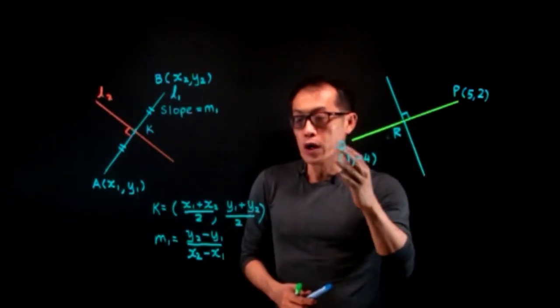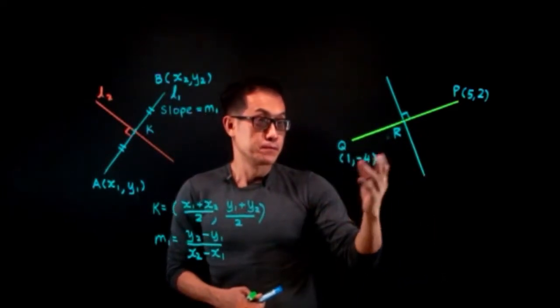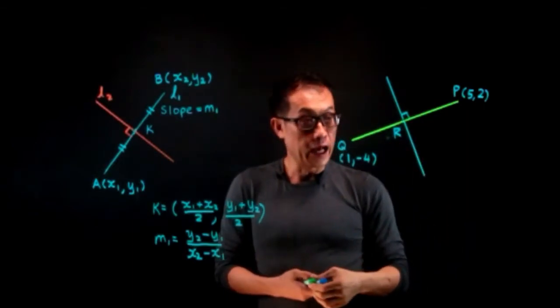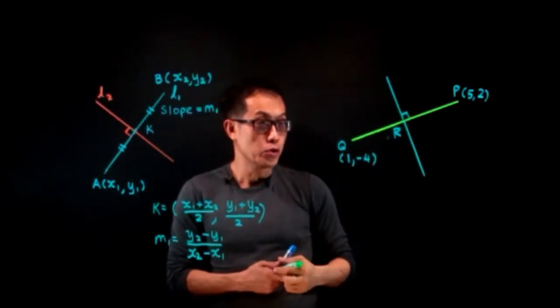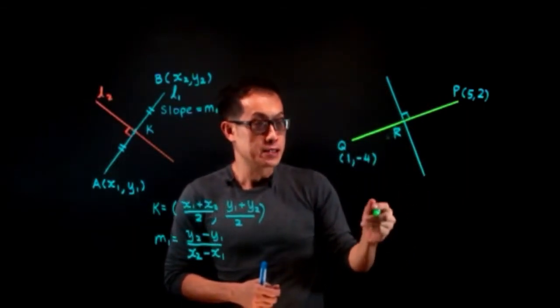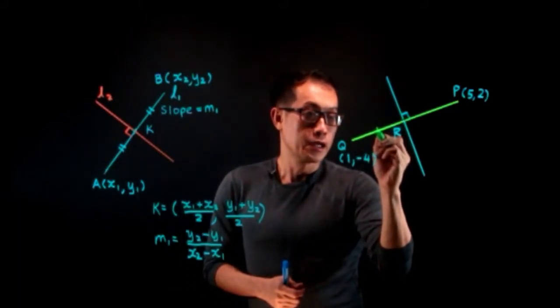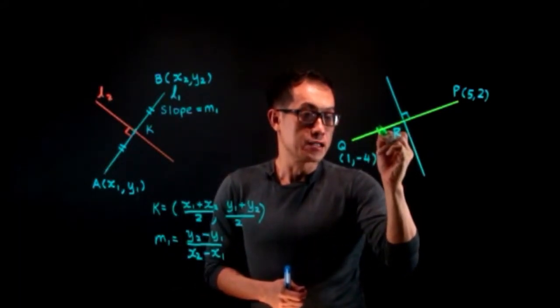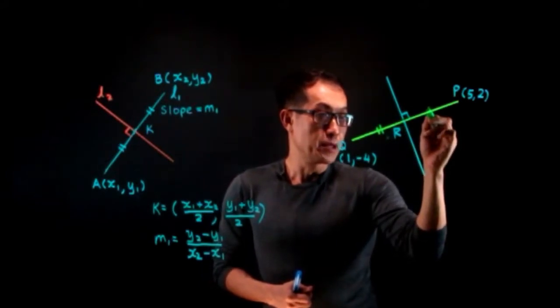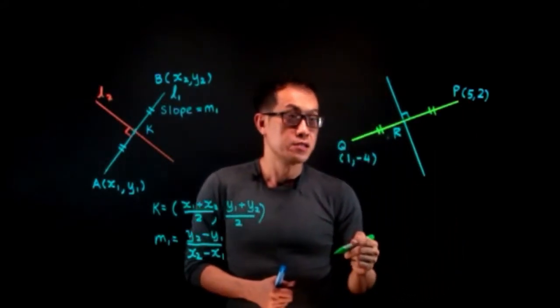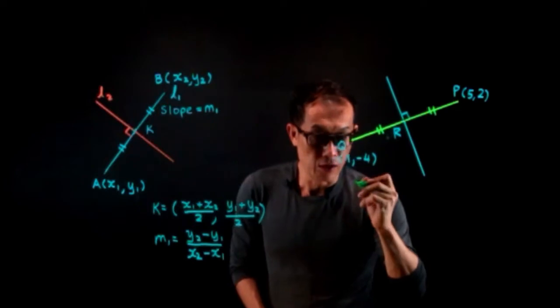Now let me show you an example. Let's say you have a line segment PQ, and this is the perpendicular bisector. Now R cuts this line segment PQ into two equal halves. So what are the coordinates of R?